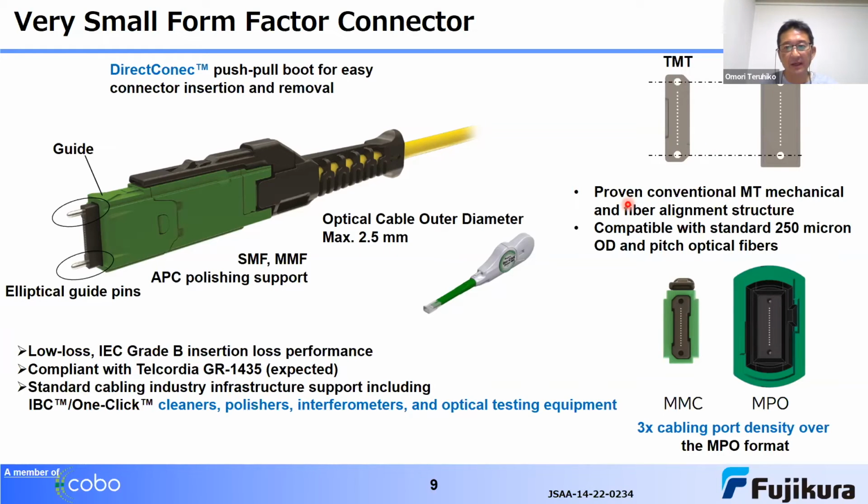So this connector utilizes a proven conventional MT mechanical and fiber alignment structure, and also compatible with standard 250 micron outer diameter and pitch optical fibers. This shows the interface of MMC connector and MPO connector. MMC connector has a 3 times cabling port density over the MPO format.